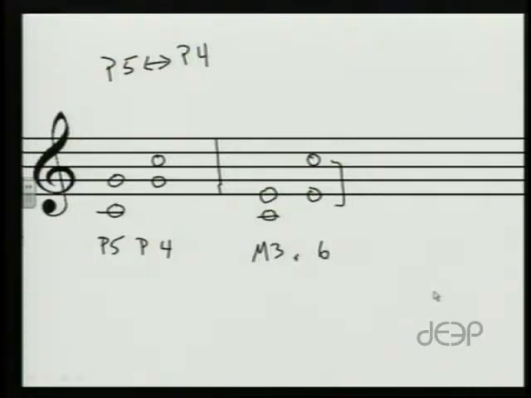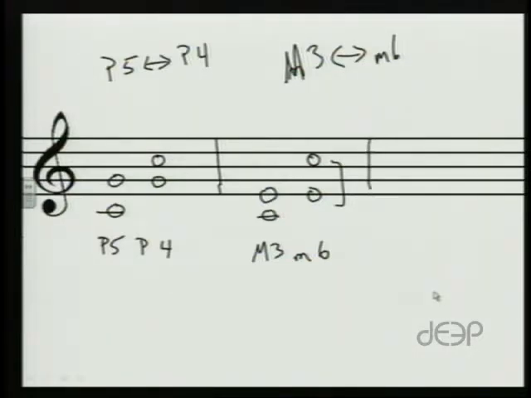That's a minor sixth, and you can certainly count the half steps and confirm that. So we now know that a major third inverts to a minor sixth. We're going to take a few rules from that in just a moment as well.